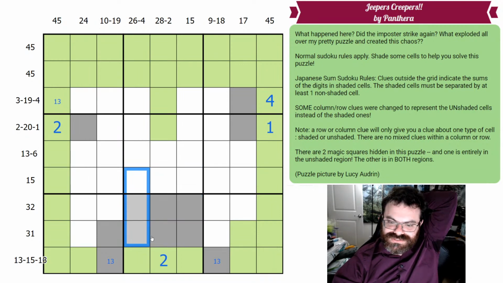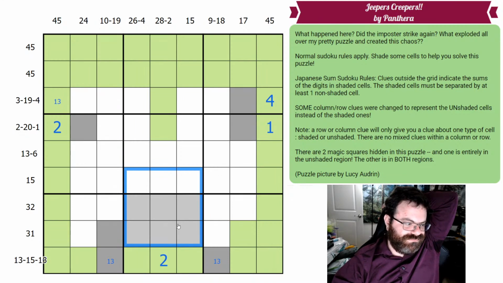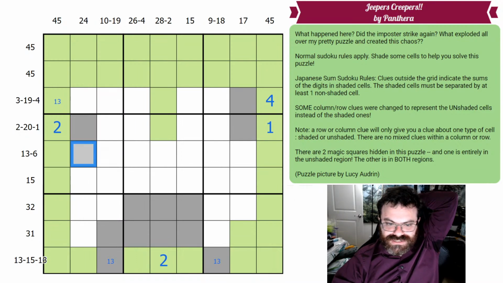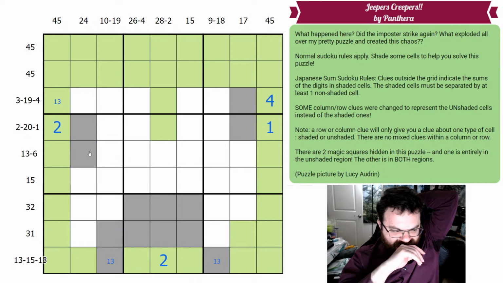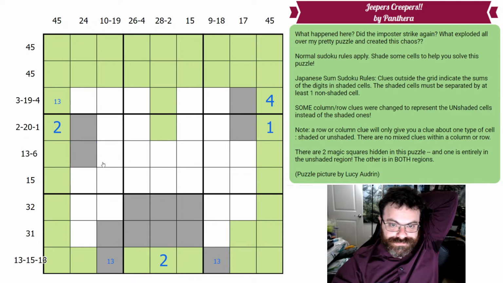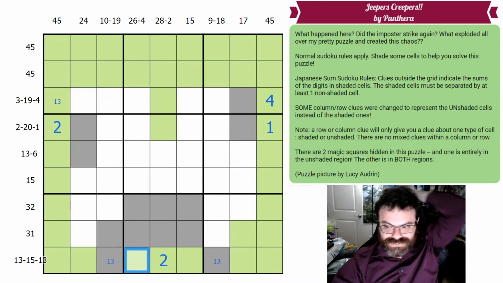Oh, the unshaded magic square, I mean. It's true. This does grow down at least 1. Yes. This can't be 4, so this is the 4.